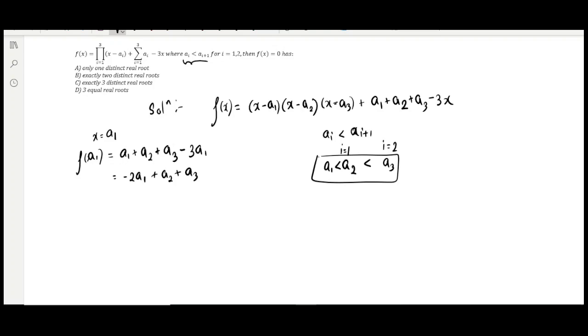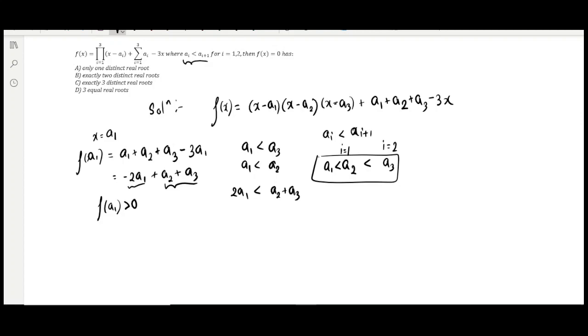From this we can see that a3 is greater than a1 and a2 is also greater than a1. If we add them, a2 plus a3 is greater than 2a1. So this term would be positive. Hence we can say that f(a1) is positive.